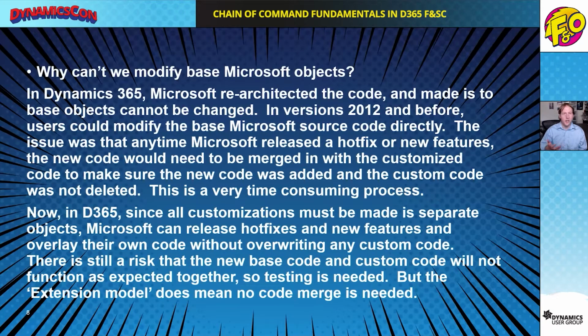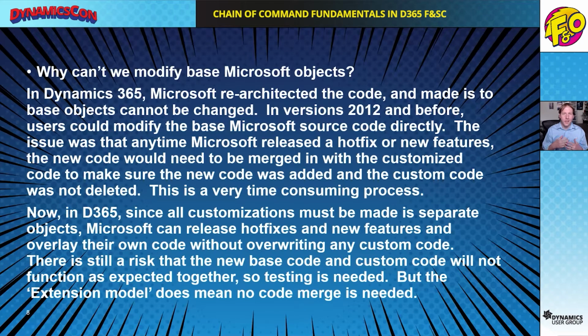So why can't we modify base Microsoft objects? This is key to understand, of why we're doing this in the first place. The reason is that before we could make changes to the code, but it meant that anytime Microsoft came out with new features or new hotfixes to the code, a developer needed to merge those changes with a client or third party's custom code.